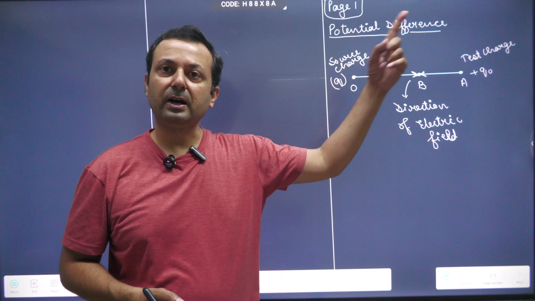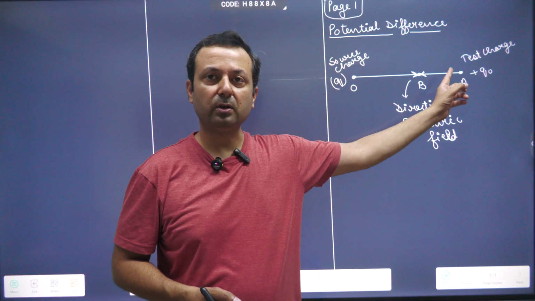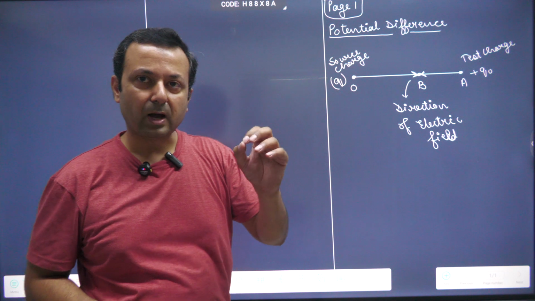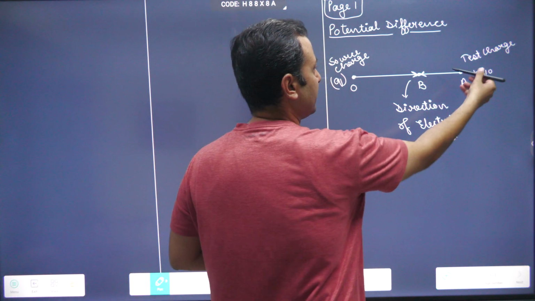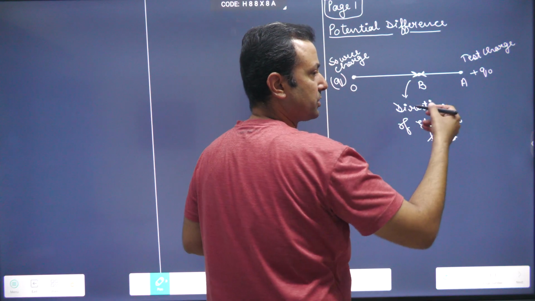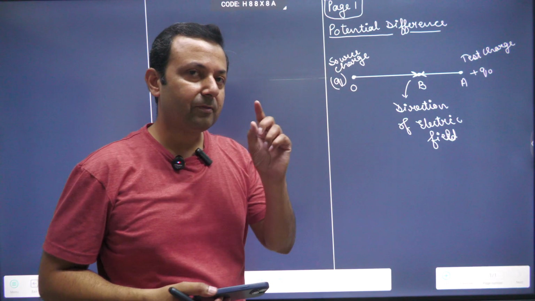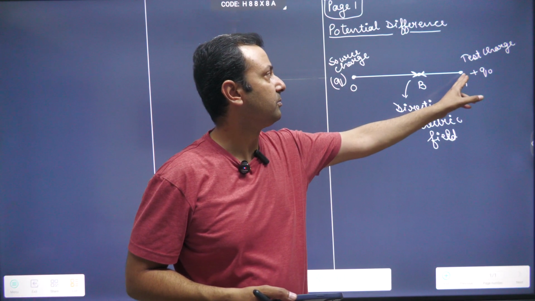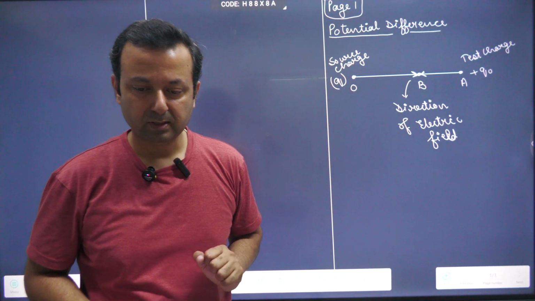Now I am moving another test charge Q naught from this point to this point, in this direction. That is, I am moving it against the electrostatic force, in the opposite direction of electrostatic force. So the work done in moving from this point to this point is called electric potential. Is this clear?